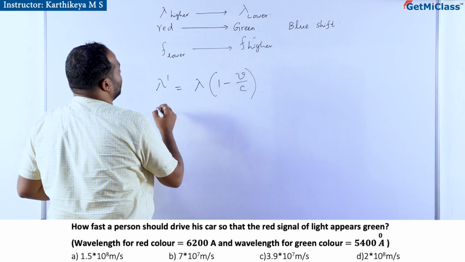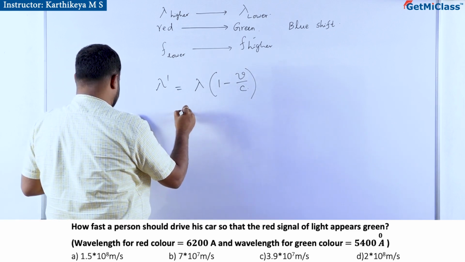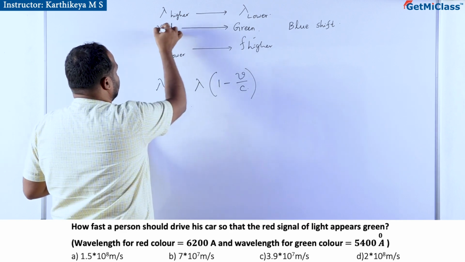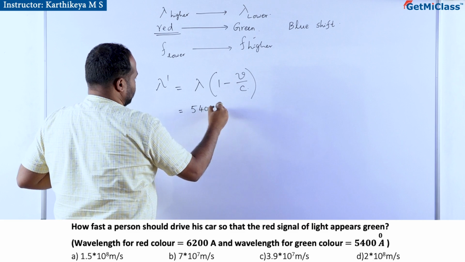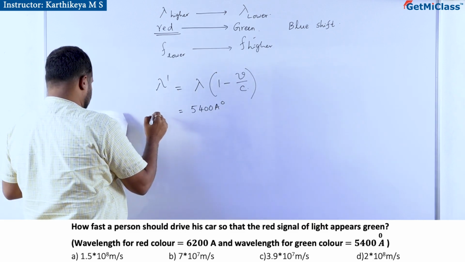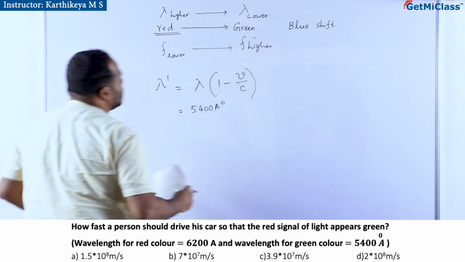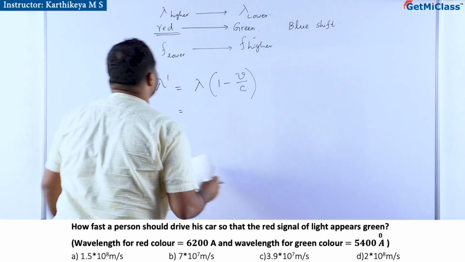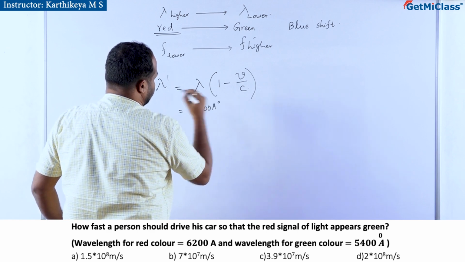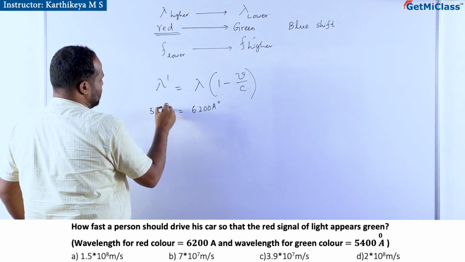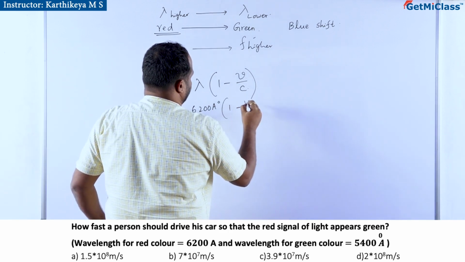Now the wavelength of the red color is given, as he starts to drive from red and has to shift to green. Red is 6200 angstrom, green is 5400 angstrom, and it equals lambda into (1 minus V by C).